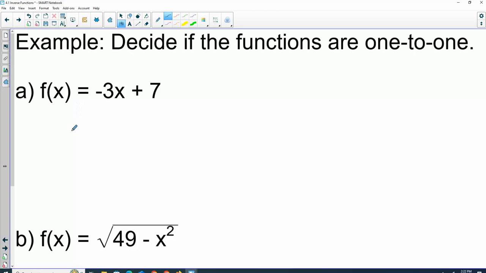So for instance, if I looked at this one, okay, the algebraic way to decide if they are one-to-one is saying f of a equals f of b. F of a says you go to your equation, you replace your x with an a. F of b says we go to our equation, we replace the x with a b.